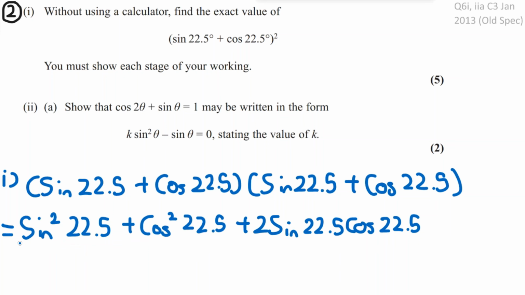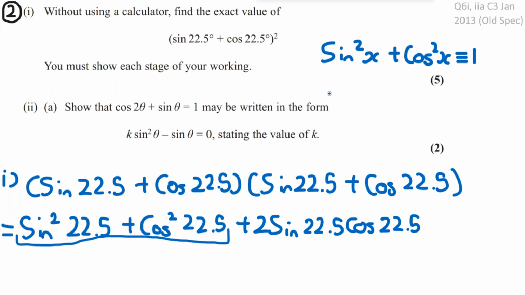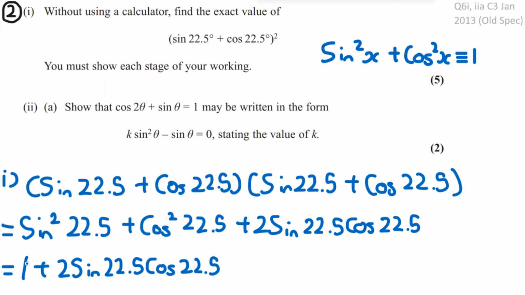And the key to this is realizing that this sin squared of 22.5 plus cos squared of 22.5 is of the form sin squared plus cos squared, and that is equivalent to 1. So therefore we can simplify this here to 1 like this, and then this is 2 sin of 22.5 degrees and then cos of 22.5 degrees. And this here is of the form sin of 2 theta, which is equal to 2 sin theta cos theta. We have 2 sin and then cos here like this.